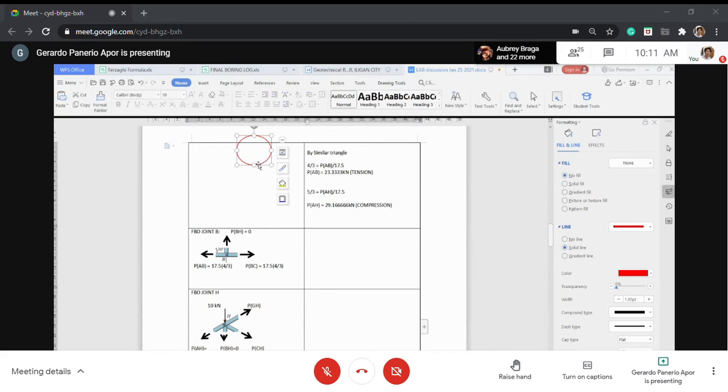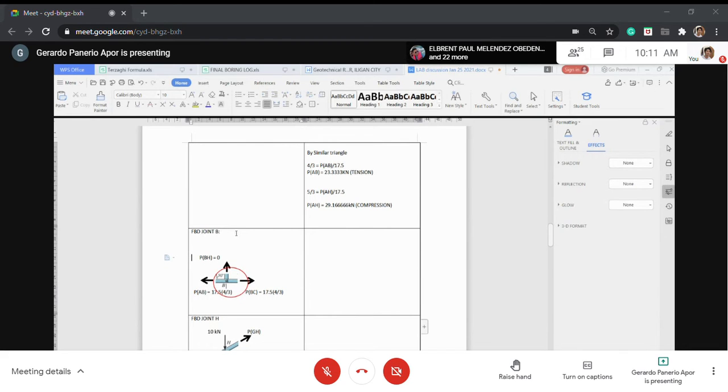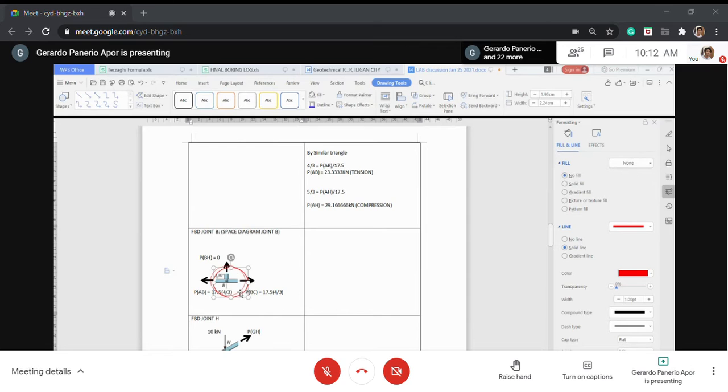I will number the spaces. So I can name this as space diagram. Space diagram, joint B. How will I do my space diagram? I imagine that I have a pie.